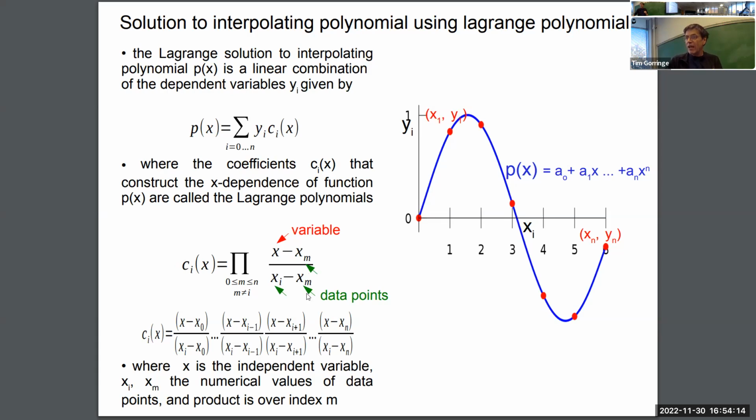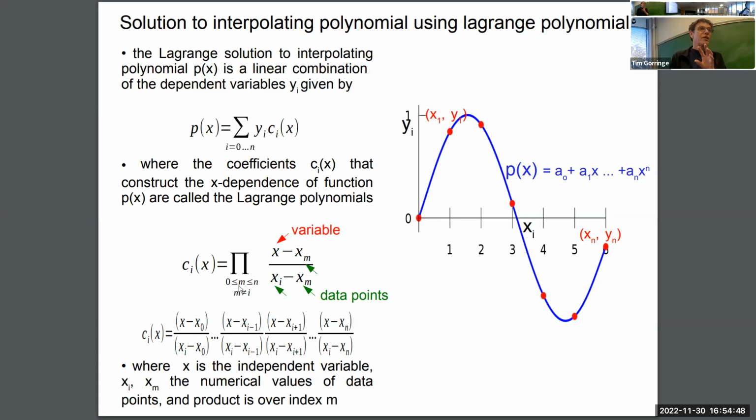And then the xm is the one that we're summing over. In our case there are 7 data points, so there would be 7 terms, but you actually don't include the term where m is equal to i. So if you have 7 data points, in each product there'd be 6 terms. If you had 2 data points, in each product there would be just 1 term. If you have 3 data points, there'd be 2 terms, is what this expression is saying.